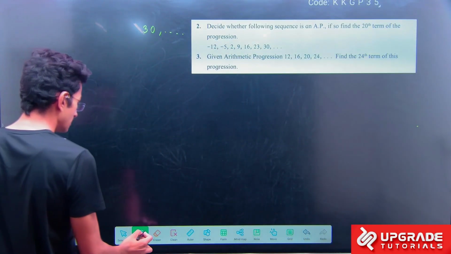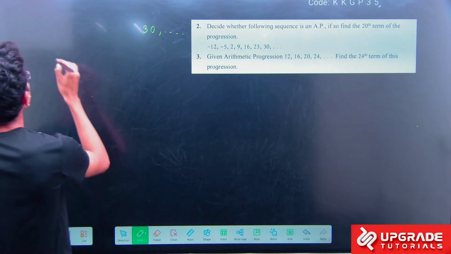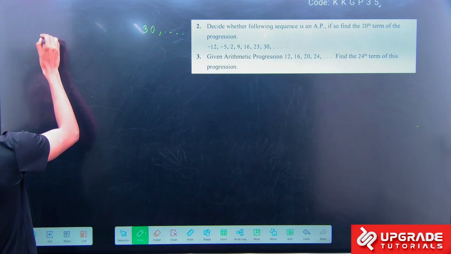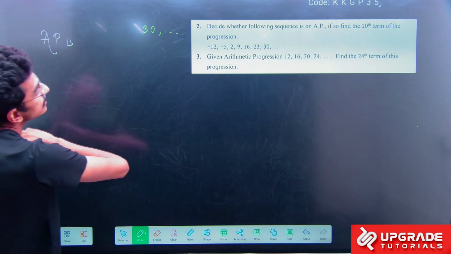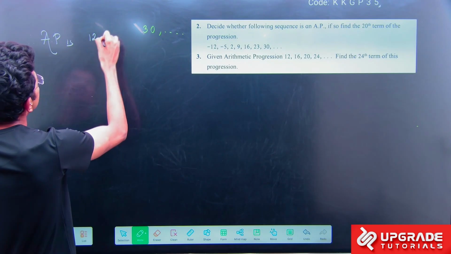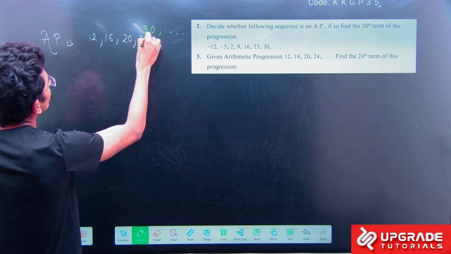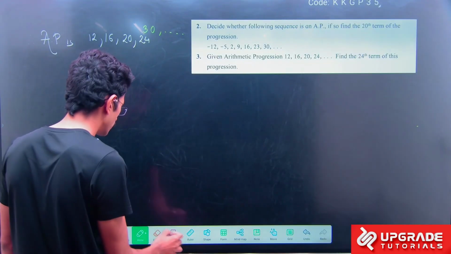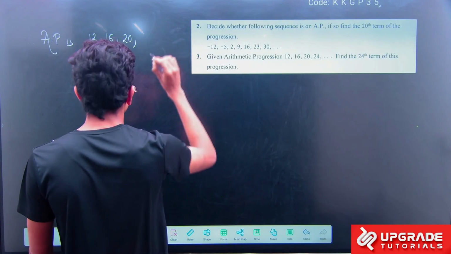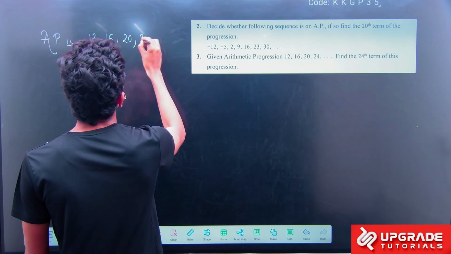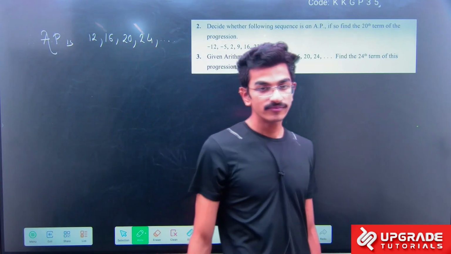Therefore, the AP is 12, 16, 20, 24, and so on. The AP is given.